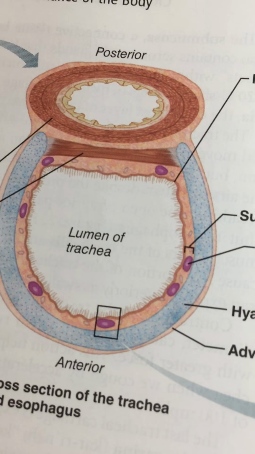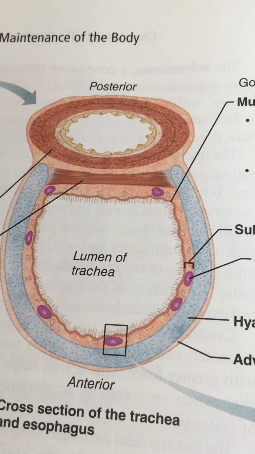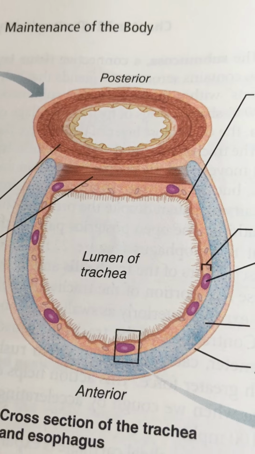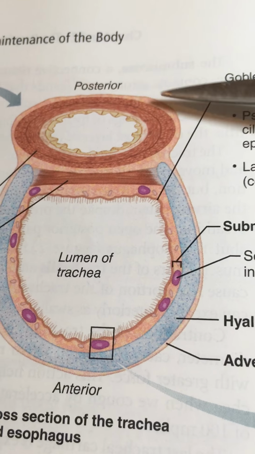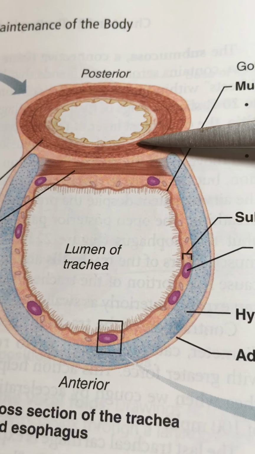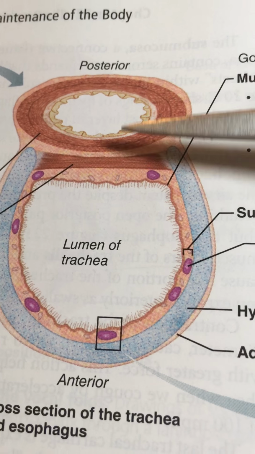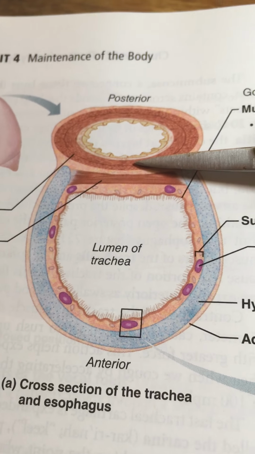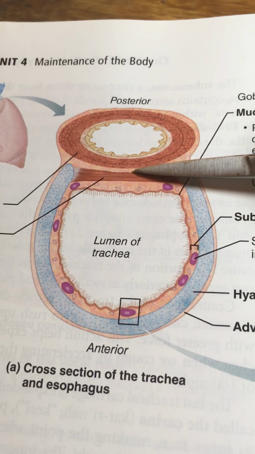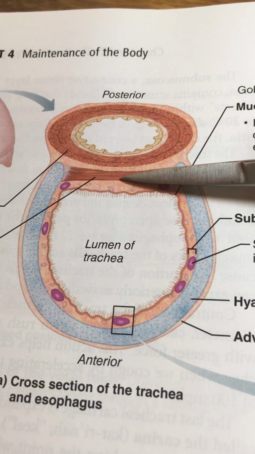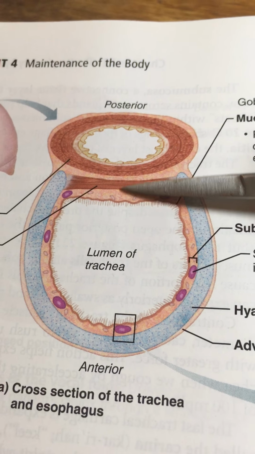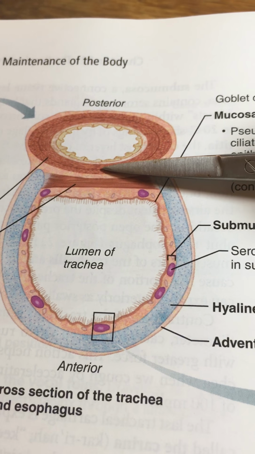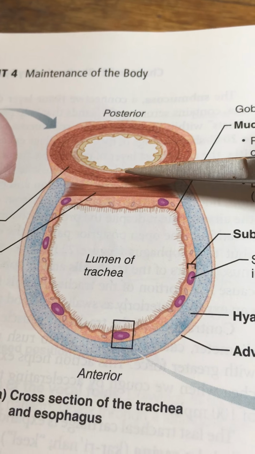Here is the cross view of the trachea with the esophagus. Notice that the esophagus fits in very nicely right here. And so if one is swallowing some gigantic pill of some kind or another, notice that we can actually sort of push in this way to allow the passage of a very large food bolus or a large pill.